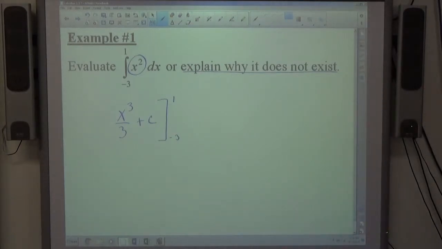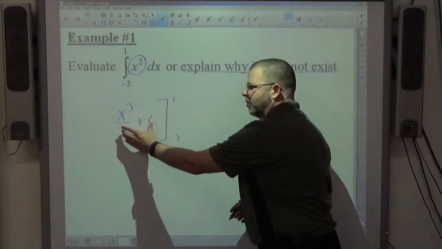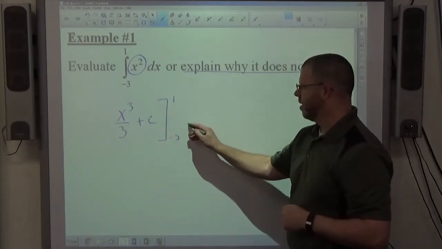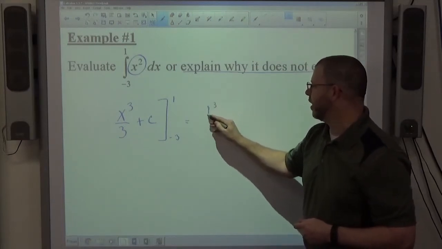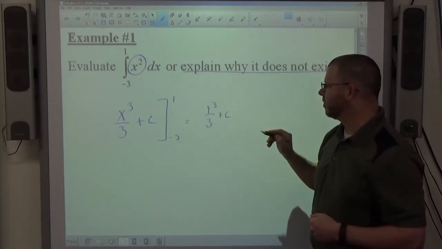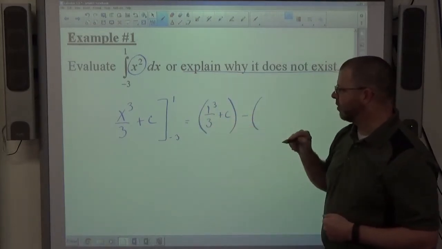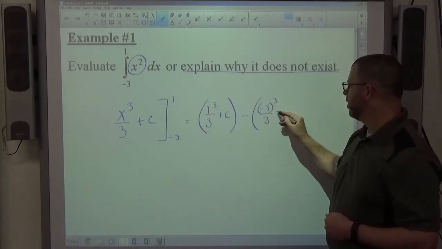All that means is that I want to evaluate this function at this number and subtract this function at this number. So if I substitute x with the number 1, I'm going to get 1 cubed over 3 plus c, minus, and then if I substitute negative 3 in, I'm going to get negative 3 cubed over 3 plus c.